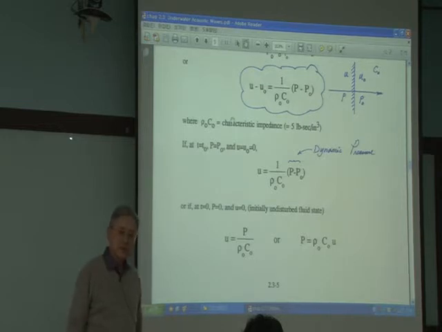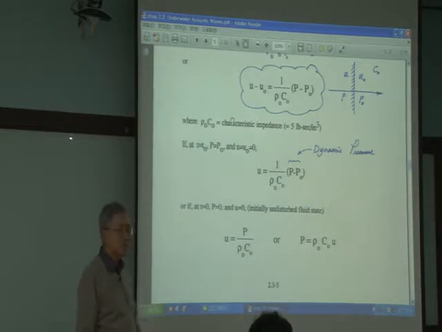In the final exam, if I ask you to write the P-U relation, if you can write down this equation, zap, your paper is 0.